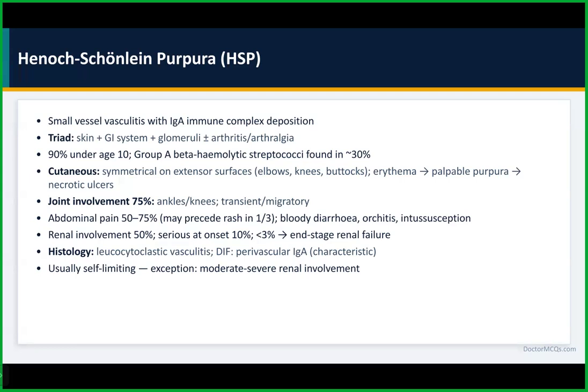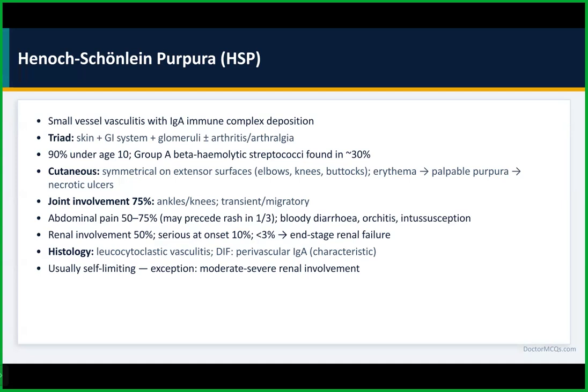The patient might come with skin problems, some GI problems, hematuria, and joint problems. It's basically in children. If a child is presenting with palpable purpura on the buttocks and legs and having joint pains, colicky abdominal pain, or possibly hematuria.